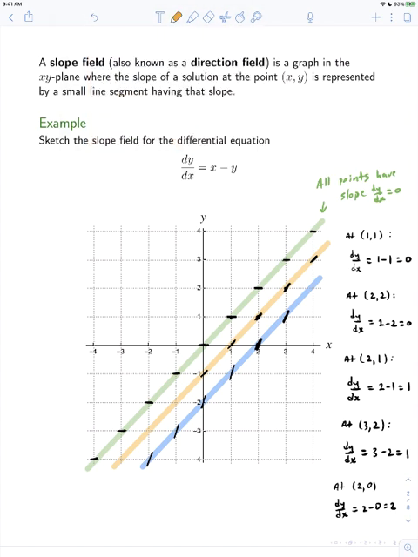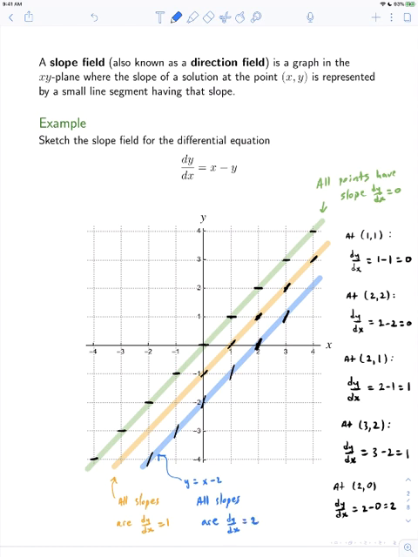And this orange one here, so all slopes are dy dx equals 1 here. And then along this line, which is y equals x minus 2, all slopes are dy dx equals 2, and so on.